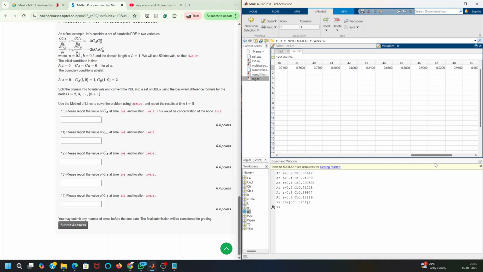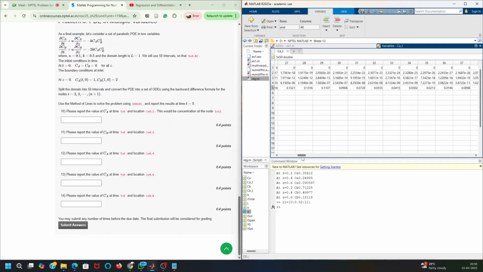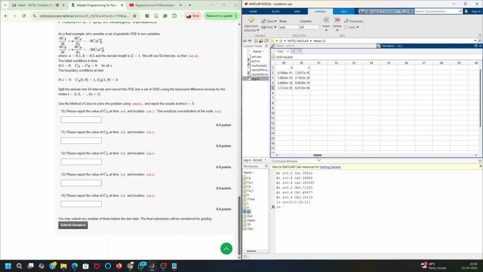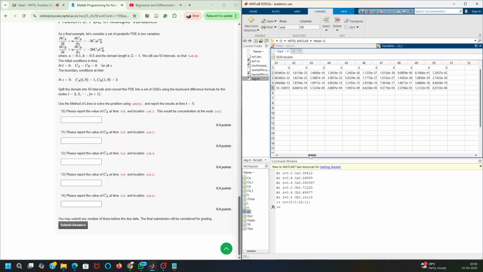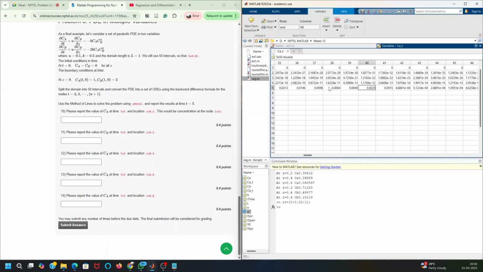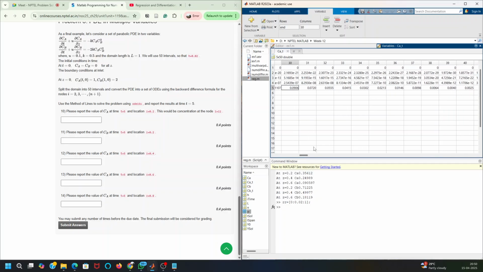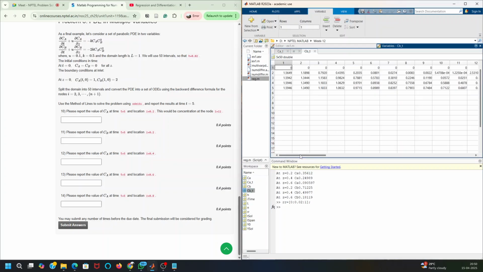So at 40 you get this, 0.8, this will be my value. At 0.6, where is my 0.6? This will be my constant.